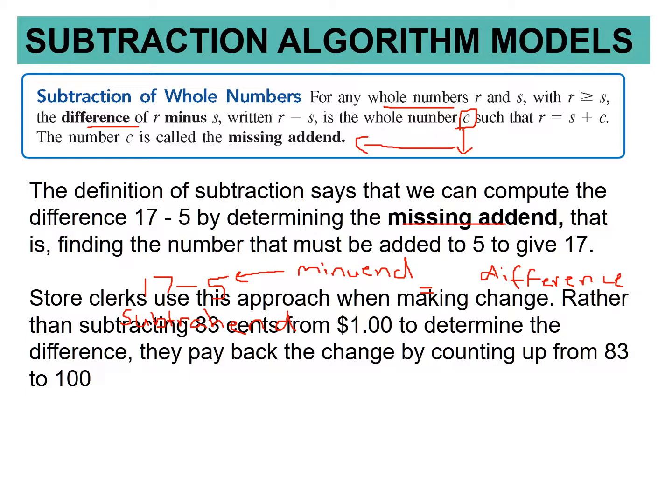What you would do is say, okay, 83 cents from $1. Okay, what you would do is you would just reach in your coin and count up. 83, 84, 85, grab a nickel, 90, grab a dime, 100. And that's how you knew how to give them their change.